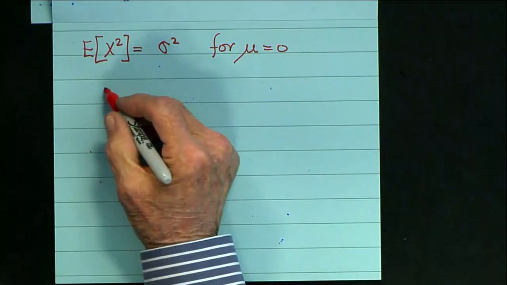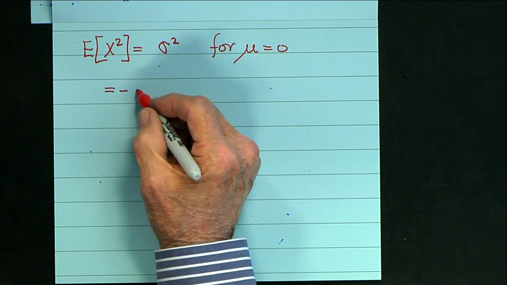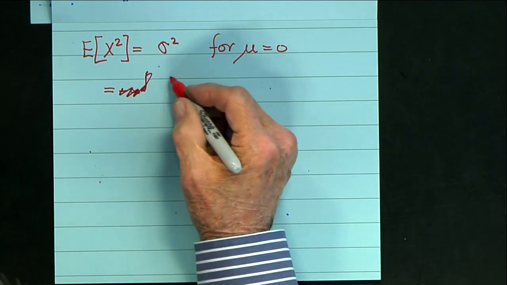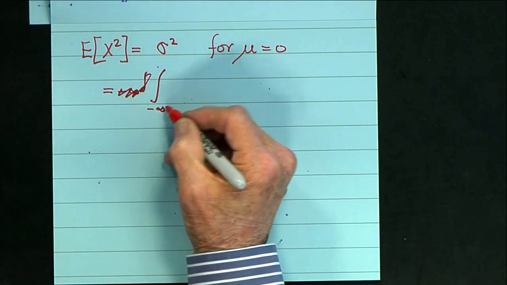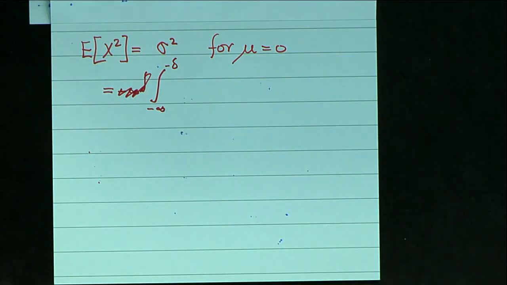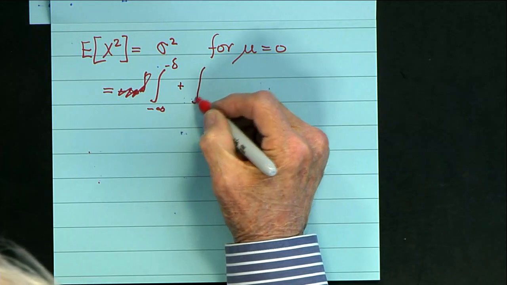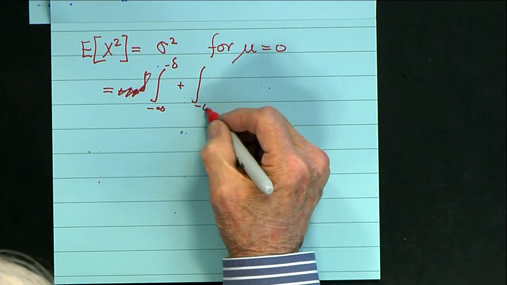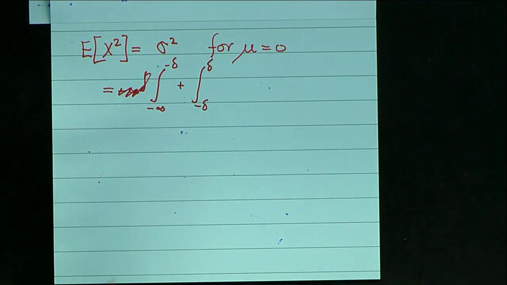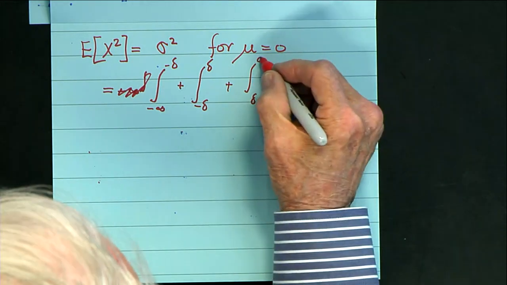And so we break this up into the same integrals: minus infinity to minus delta of x squared p of x, plus this integral from minus delta to plus delta, plus this integral from delta to infinity.